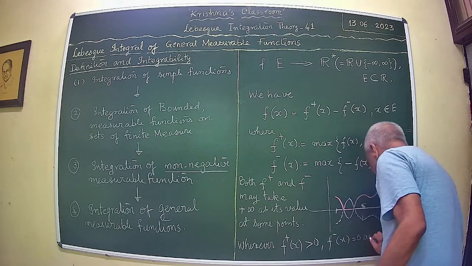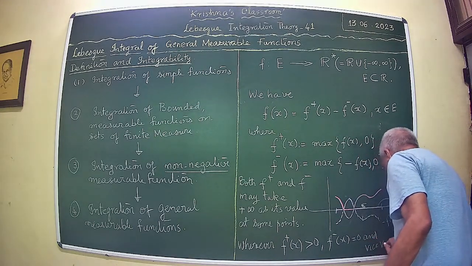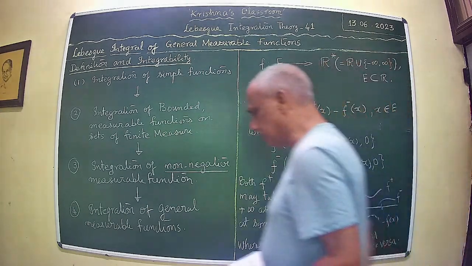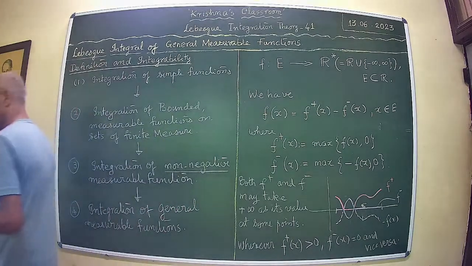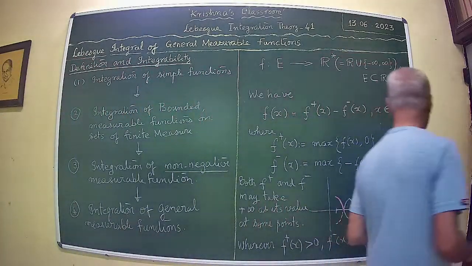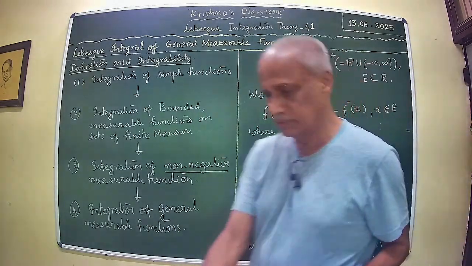And vice versa. Well, when I say it's greater than 0, it includes the value plus infinity also, because I am talking about what are called extended real valued functions. Okay, so that's fine.